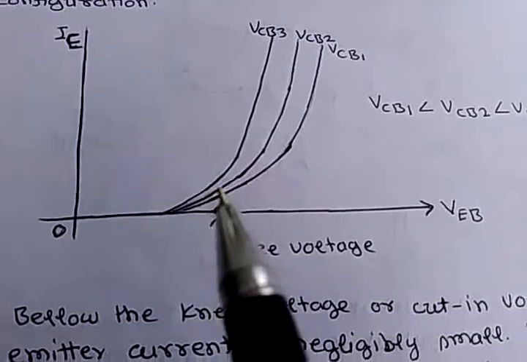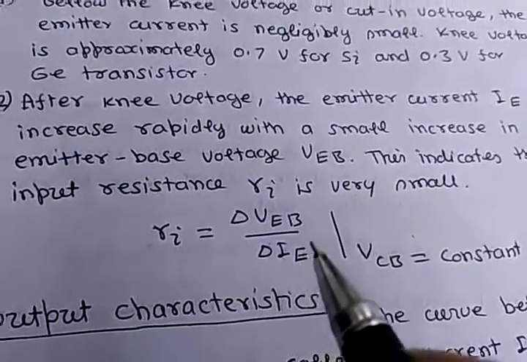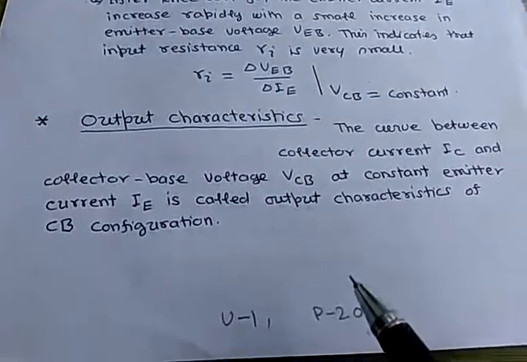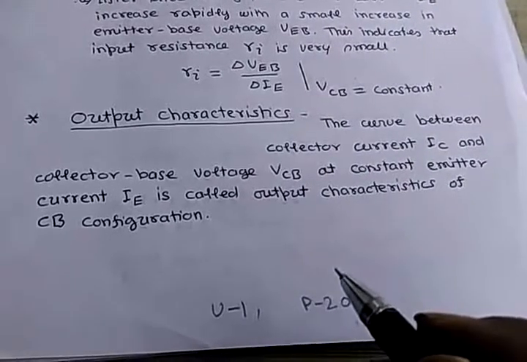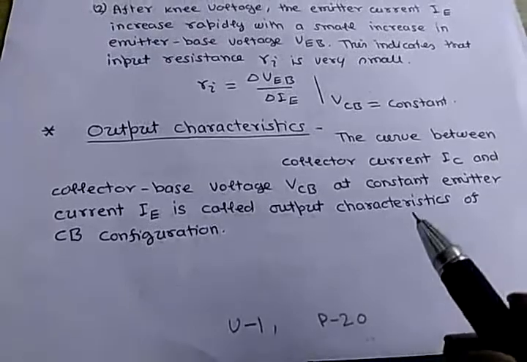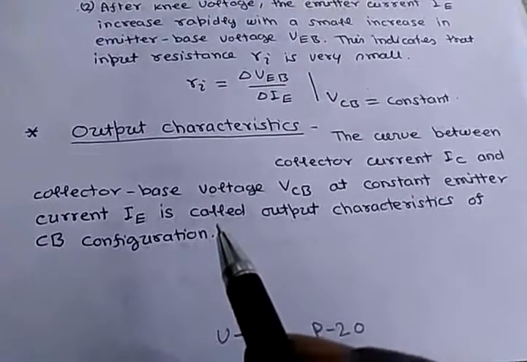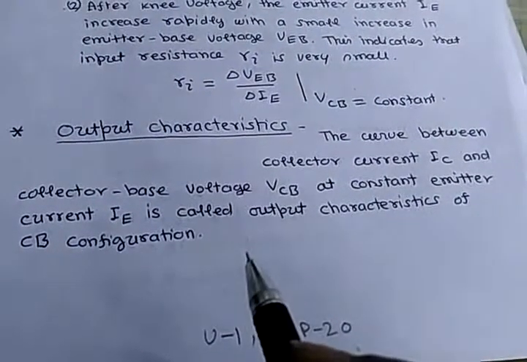It means the input resistance of common base configuration is very high. This figure shows the output characteristics of common base configuration. Output characteristics is the curve between collector current IC and collector to base voltage VCB at constant emitter current.